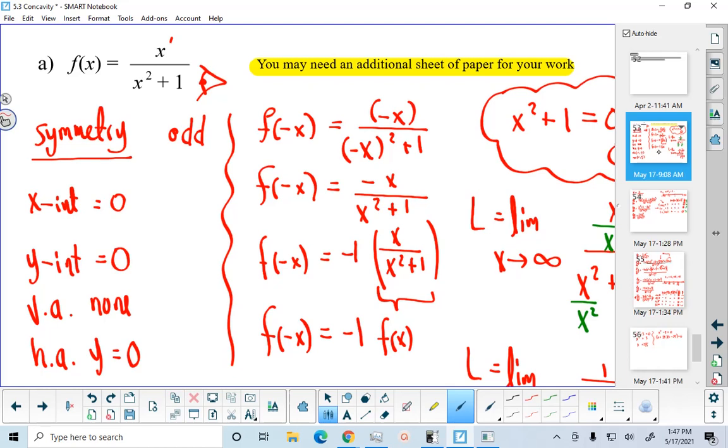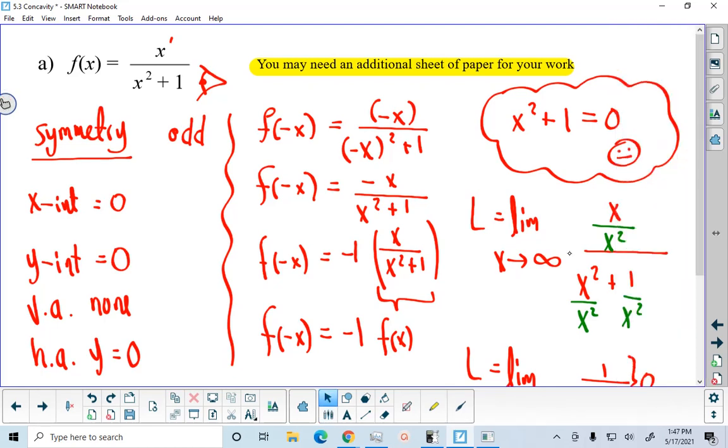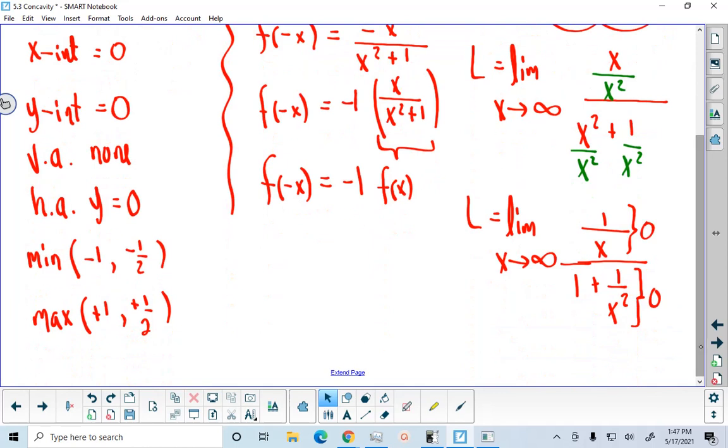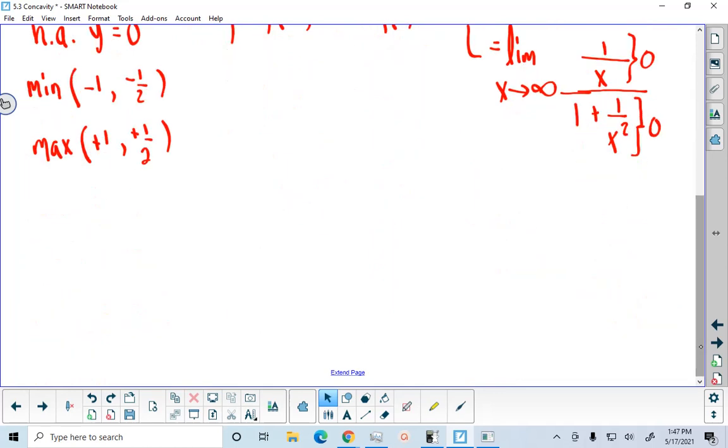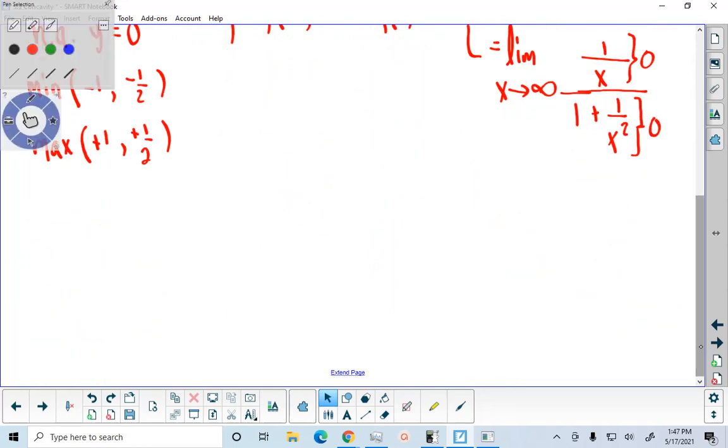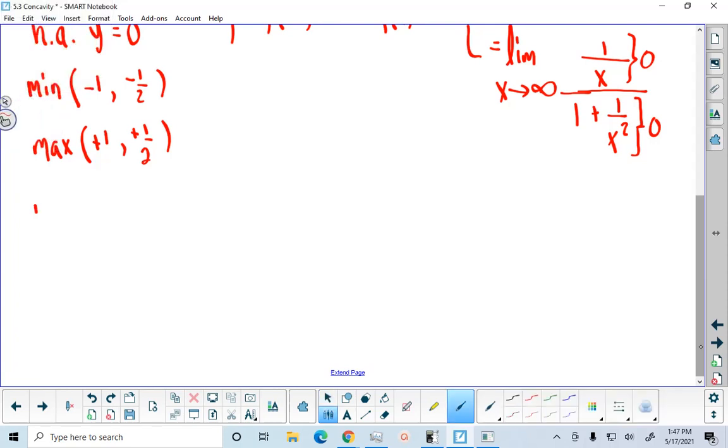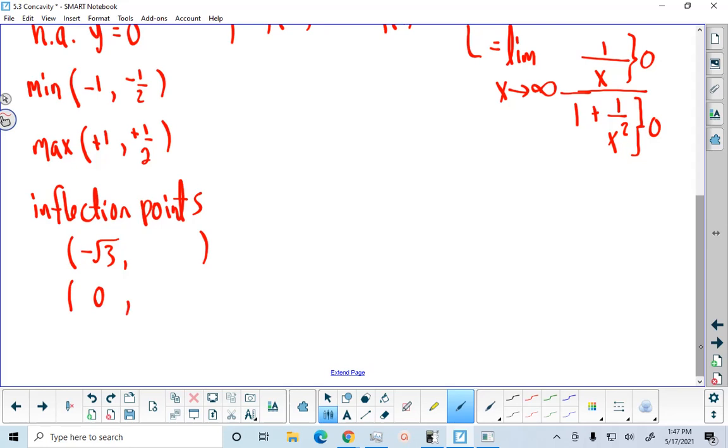We've got our symmetry, we've got our x-intercepts, we have all of the information about the asymptotes, we have max-mins. Now what we have is inflection points. 3 of them. 1 at negative root 3, comma something. 1 at 0, comma 0.